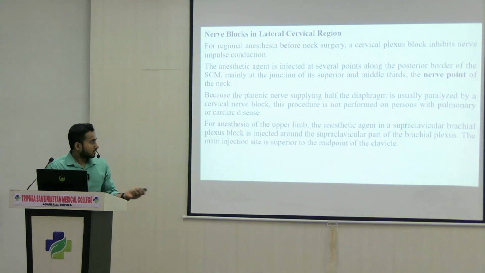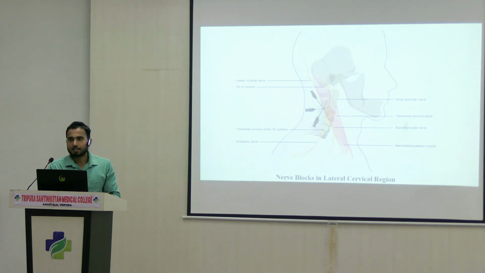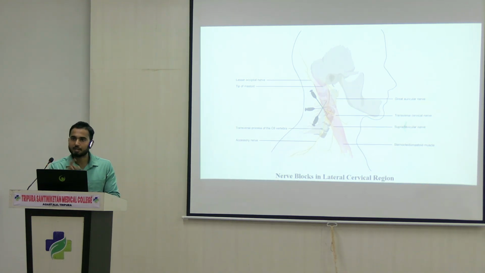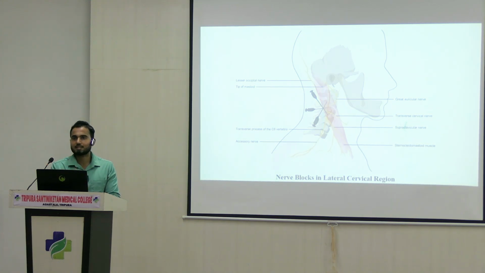If you remember the diagram, last week I showed you the nerve point while explaining the important relations of the sternocleidomastoid muscle. Here you can see the anesthetic agents injected at the nerve point before doing various types of surgeries.